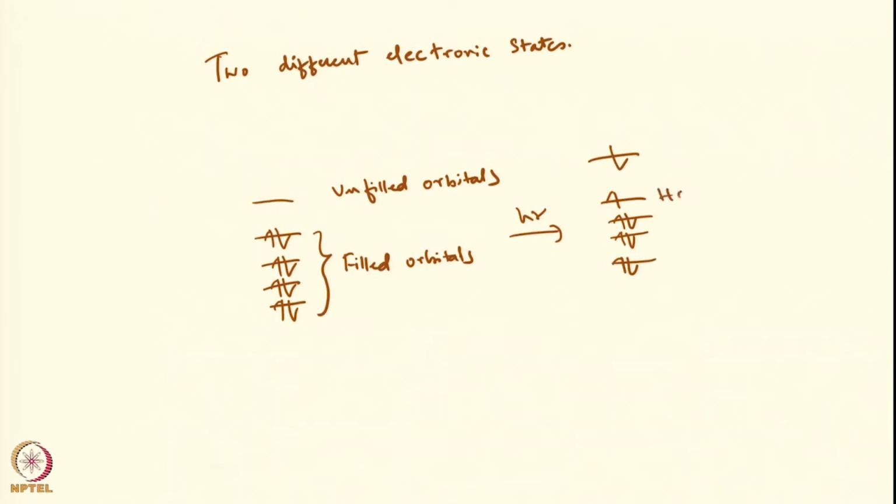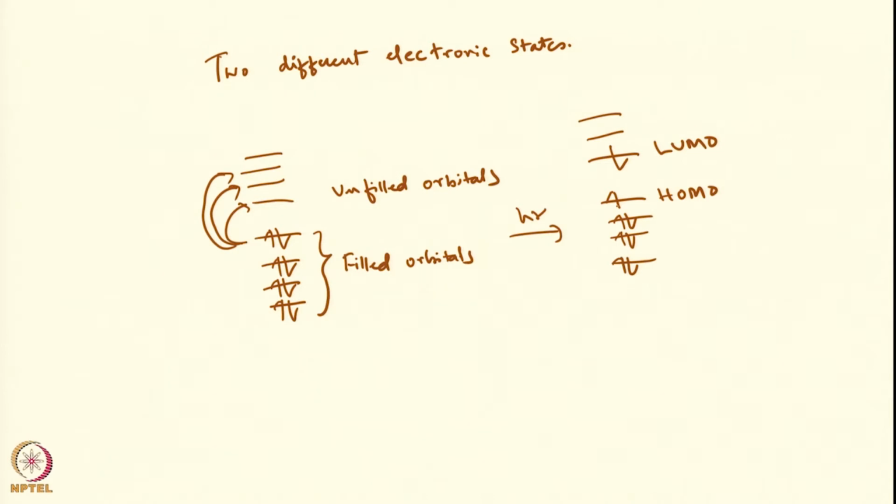This is what we call HOMO and LUMO. Of course, one does not have to restrict to this; one can go to LUMO +1 and higher energy levels as well, but this is the lowest energy transition.